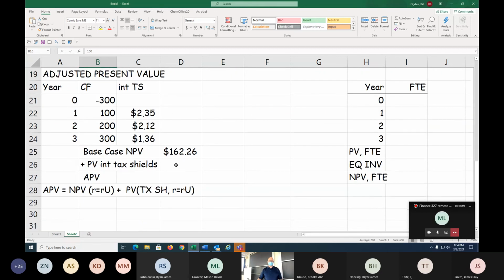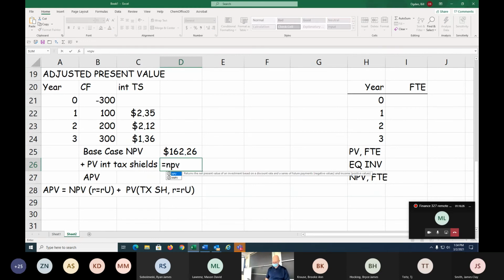Okay, so the present value of the tax shields equals NPV. And you can see right down below there, it says present value tax shields R equals RU. So we'll use RU. And then, so what have we done? We have the value of the project if it's 100% equity financing, plus any additional benefits of debt financing.